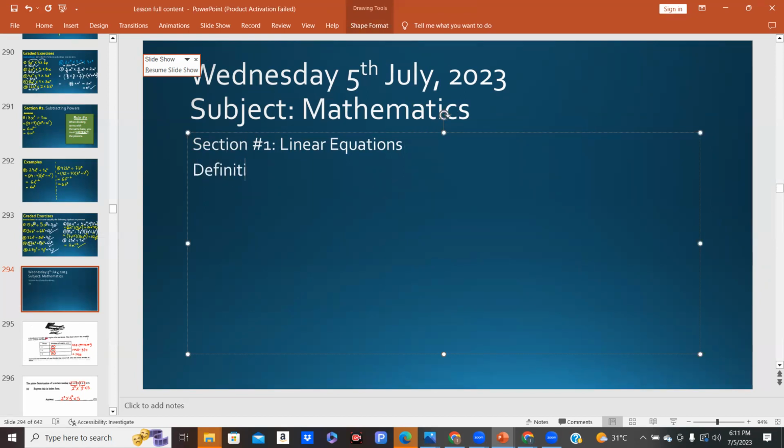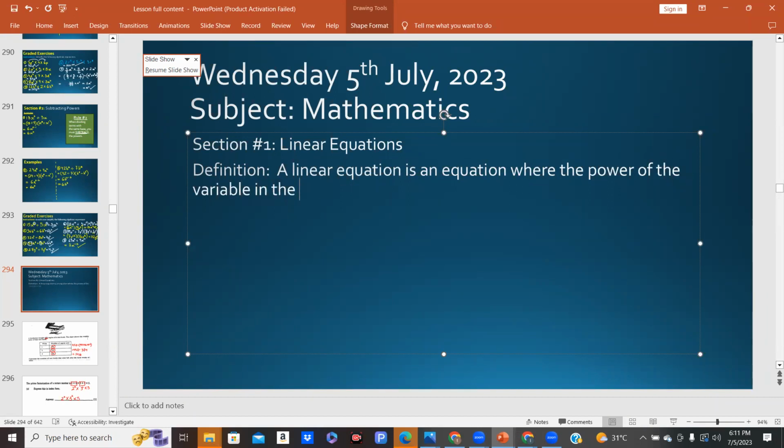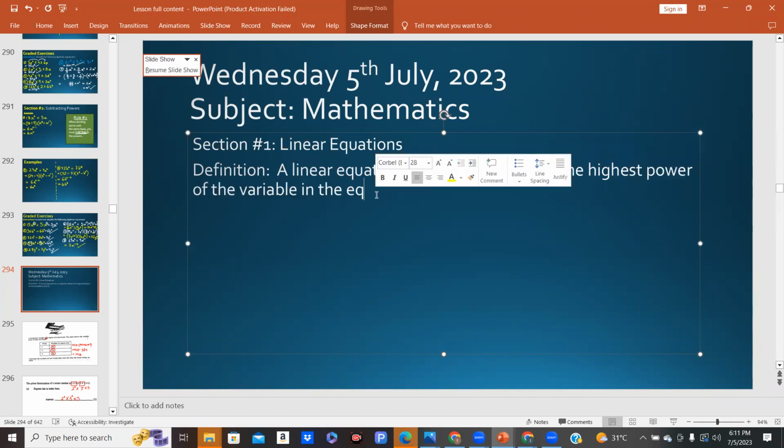So definition, a linear equation is an equation where the power of the variable in the equation, I should say, where the highest power of the variable in the equation is 1.